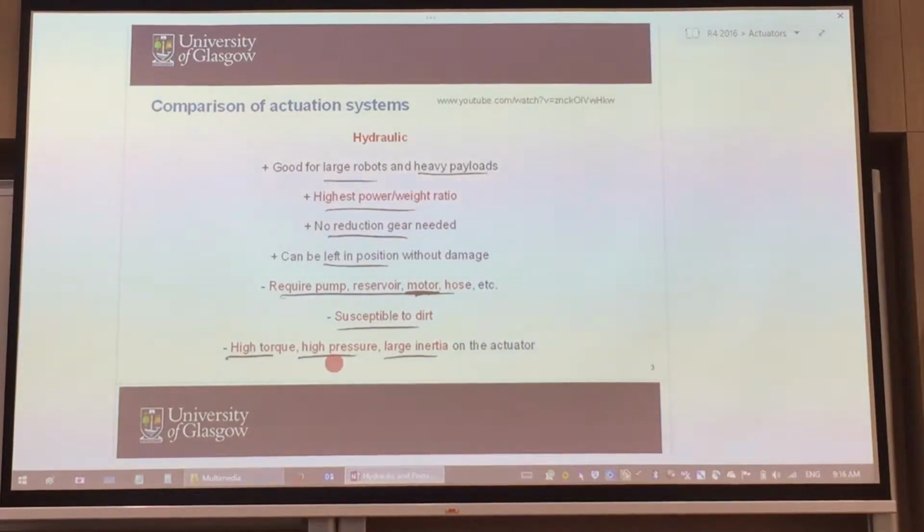It's under a tremendous amount of pressure. So in that sense, it's a disadvantage. There's also going to be a large inertia on the actuator, and later on you get to see some mathematics to help you appreciate that.